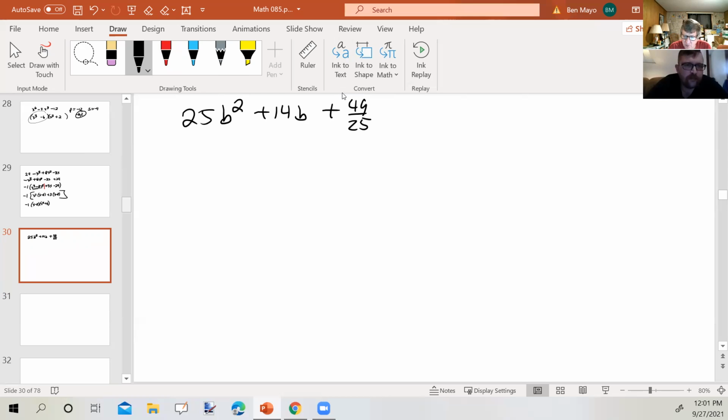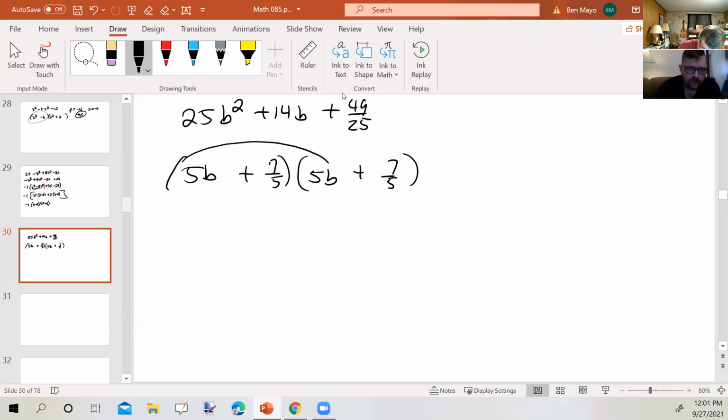Oh, 25b squared is a square and 49 over 25 is a square and there's a plus sign. So let's see, how would we break that up? 5b, 7/5, 7/5. Square root of 49 is 7, square root of 25 is 5, and it's got to be plus in the middle.